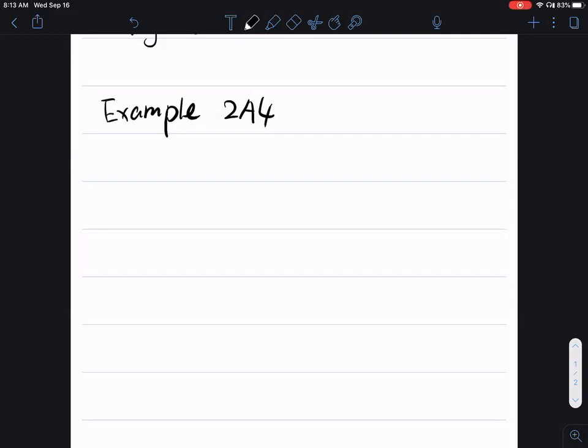Like if it comes above the center, it's positive j, or if it's negative j. Okay. All right. Yeah, good questions. I can try my best to answer some of those questions before we talk about example 2A4.